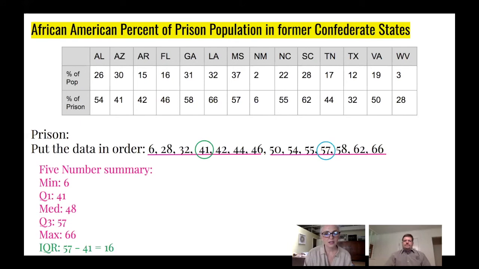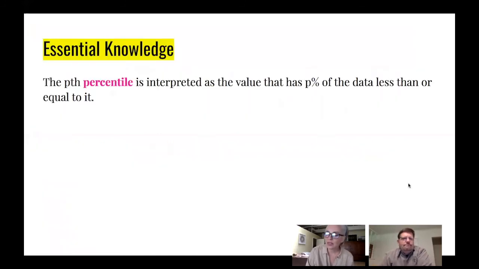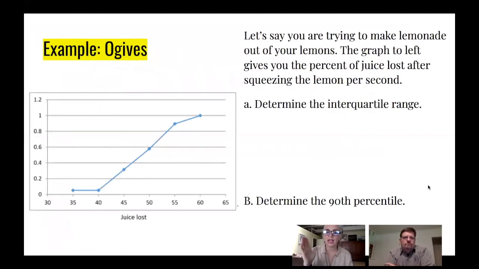We're going to circle back to determining if something is an outlier based on medians in the next video, so that this one doesn't go on and on. One more thing we need to talk about, which we actually already talked about, is the pth percentile, which is interpreted as the value that has p% of the data less than or equal to it, okay?